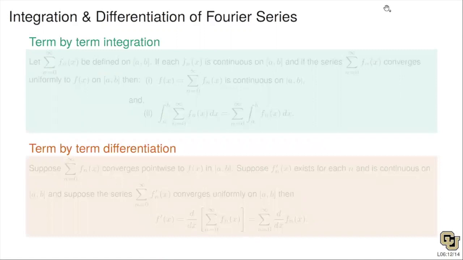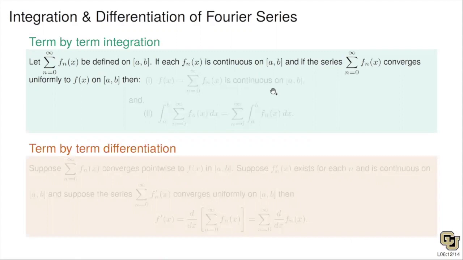Just a couple of concepts to clean up very quickly. With uniform convergence, if each function in the sequence is continuous, then the function that the series converges to will also be continuous.